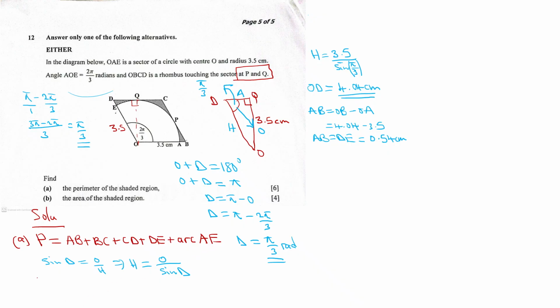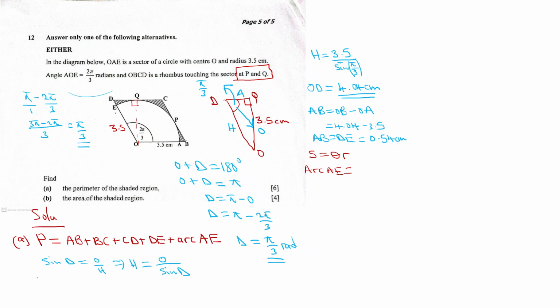Let's get back to the formulas. The length of an arc, usually represented by the letter S, is given by theta r. So the length of the arc AE will be equal to our theta.